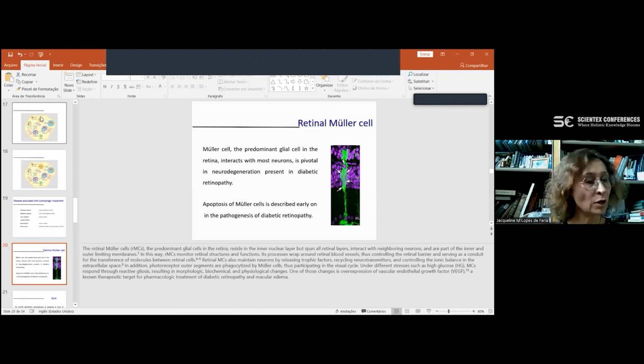One of the changes is the overexpression of VEGF, which is a very well-known therapeutic target for pharmacological treatment of diabetic retinopathy, either to treat macular edema, as in that picture I showed in the beginning, or in its advanced proliferative phases.